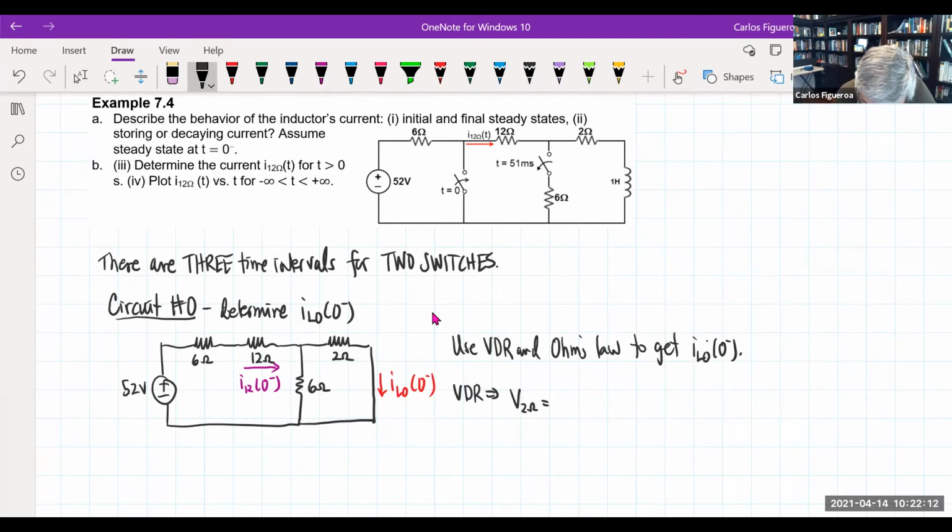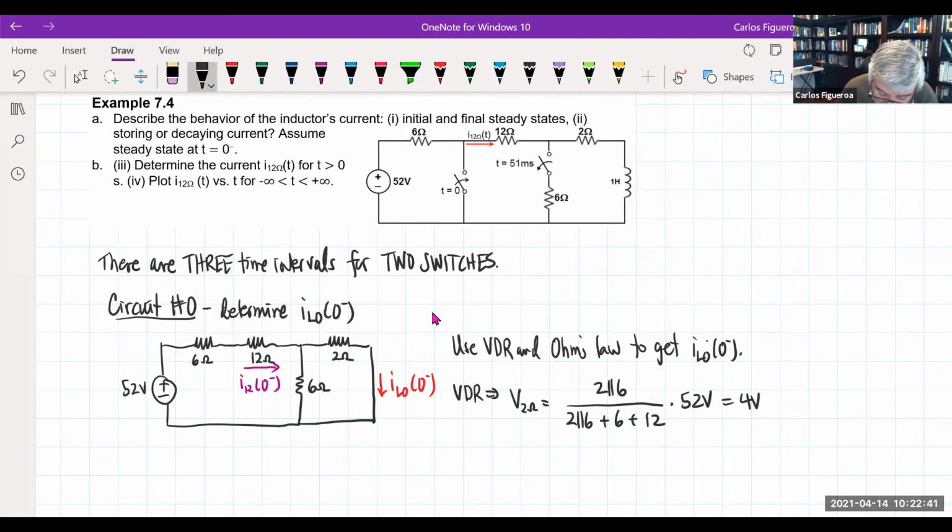So the voltage is 2 parallel to 6, over 2 parallel to 6 plus 6 plus 12, times 52 volts. If I compute that, I get 4 volts.